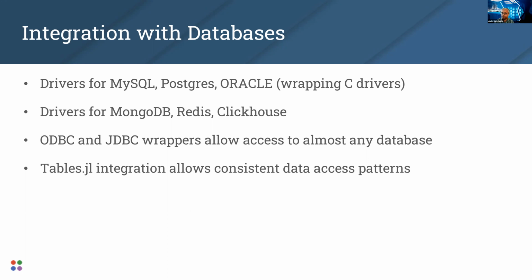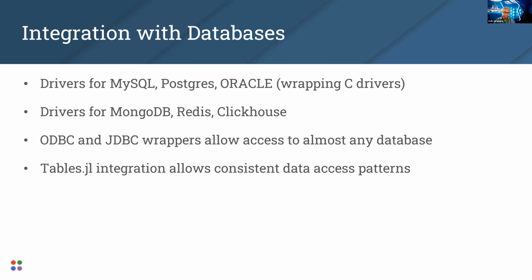I think the ClickHouse driver is native Julia. The Mongo and the Redis drivers wrap the C drivers as well, right? And again, they are highly performant. You can get your data from Julia, right? And for the strange databases that you have installed that not many people use, that we don't have drivers written for yet, you can use ODBC or JDBC depending on what you are comfortable with, basically to allow access to almost any database, right?